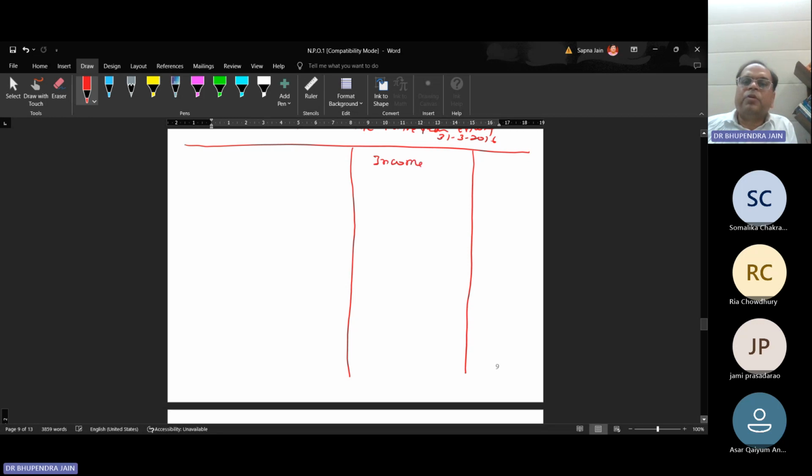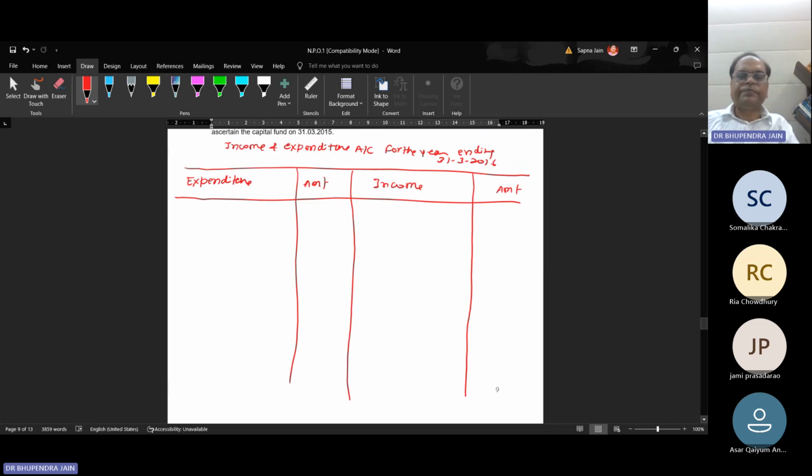Here also, income amount and expenditure amount.